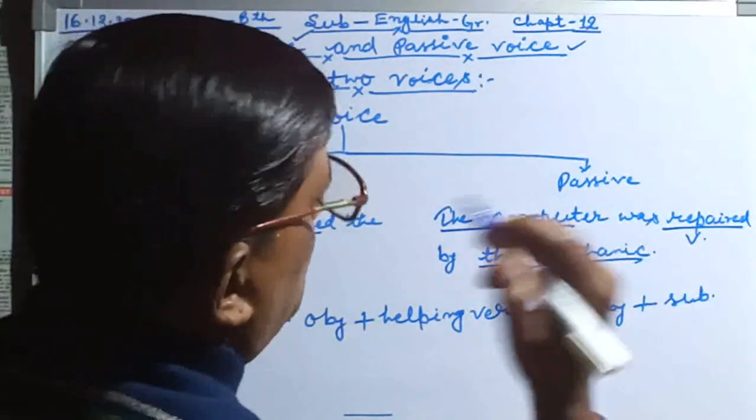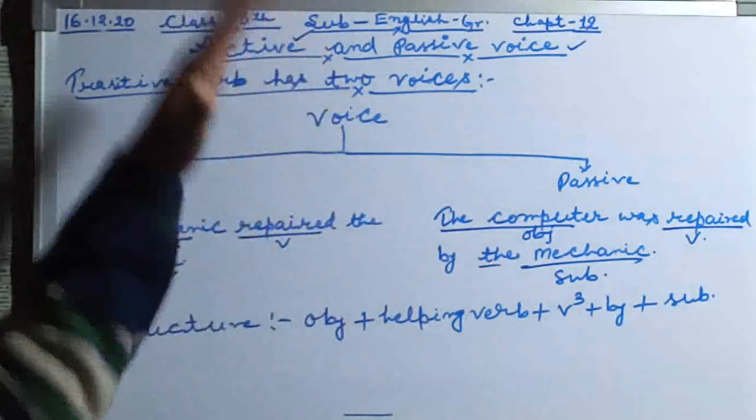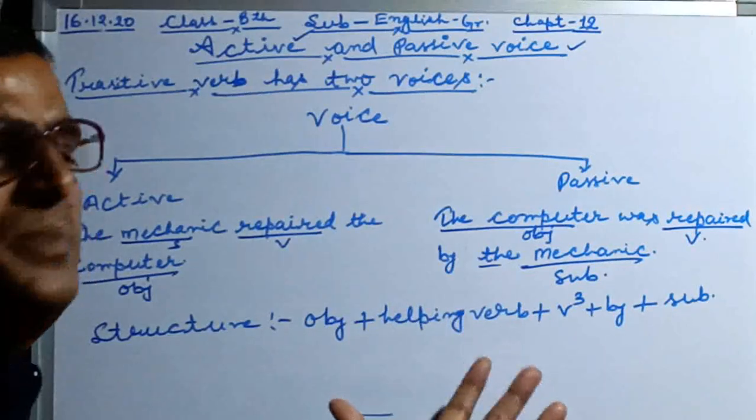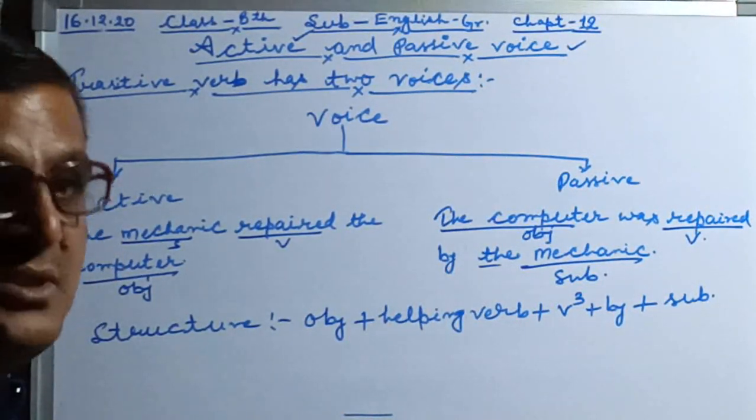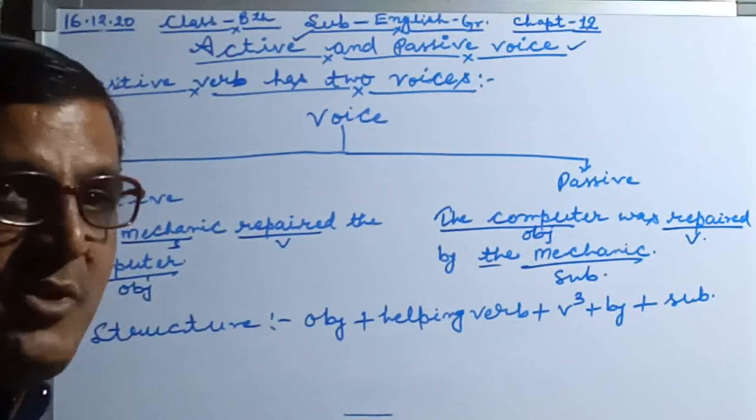We use this here, and in this way we change the sentence into passive voice. And we have to discuss more also, because this is not as small as we think.